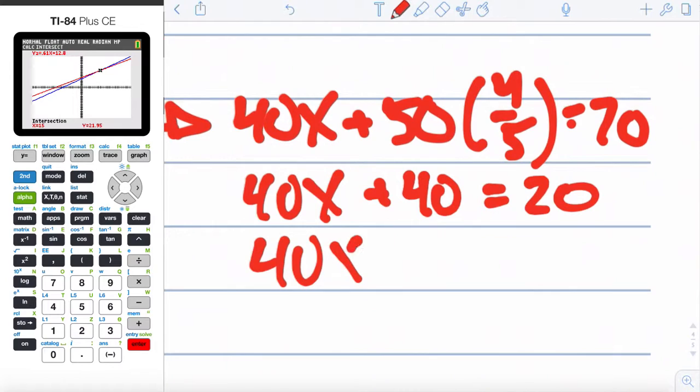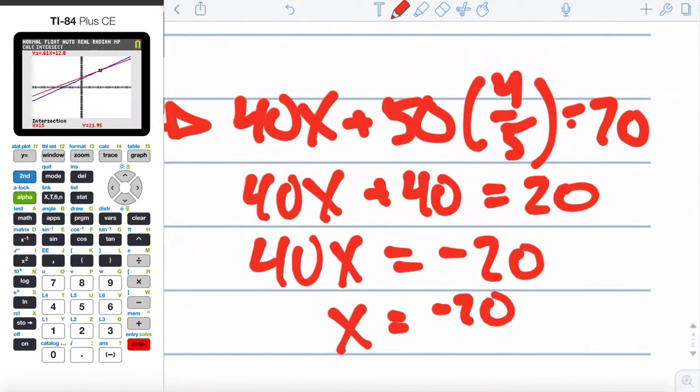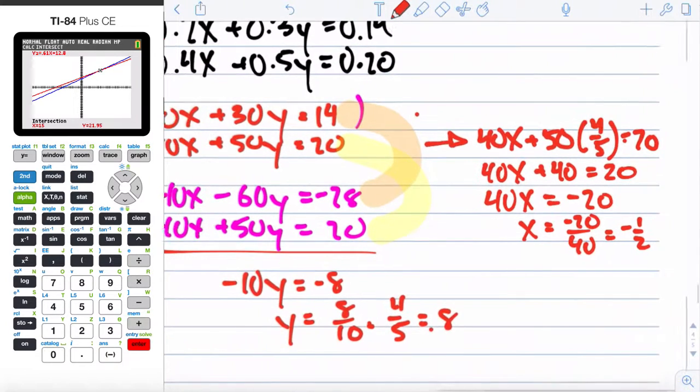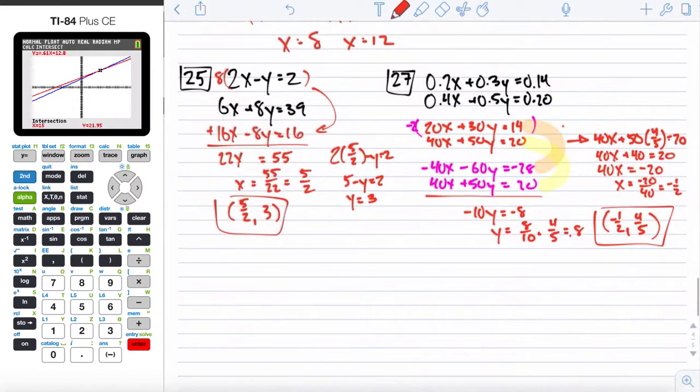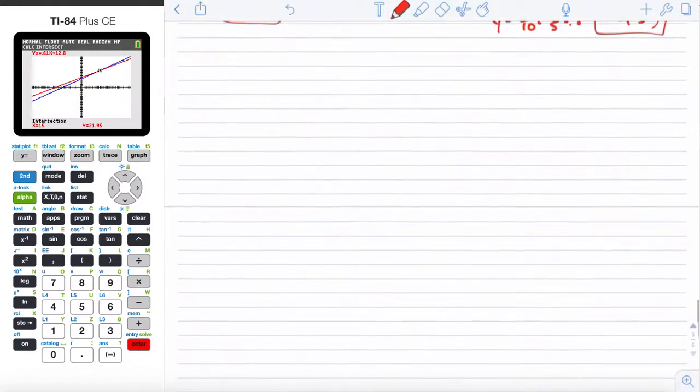I get 40x is equal to negative 20. So I get x is equal to negative 20 over 40, which is equal to negative 1/2. So my solution is negative 1/2, 4/5. Moving on to 29.